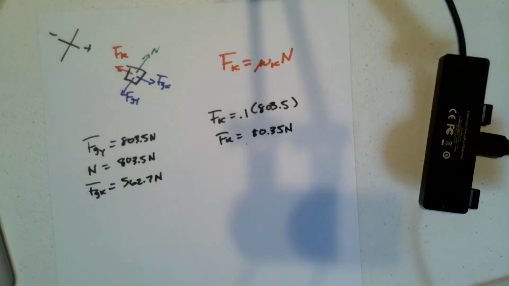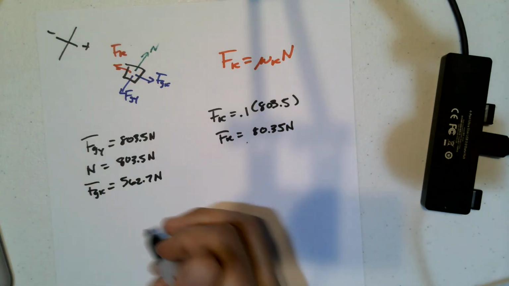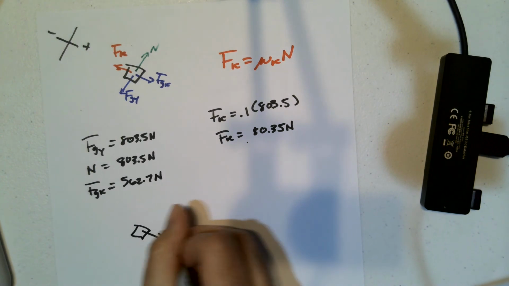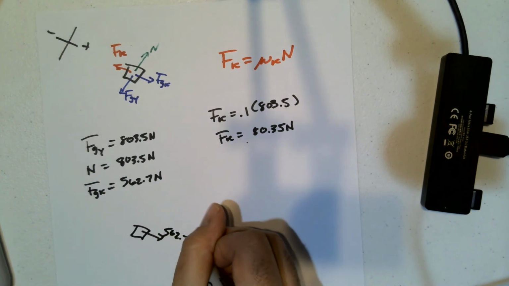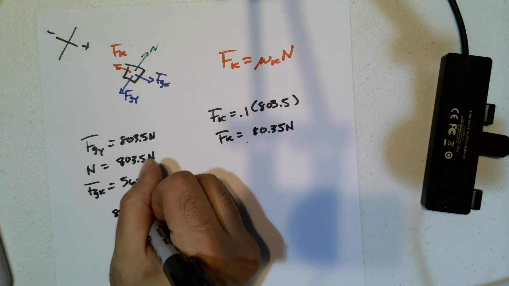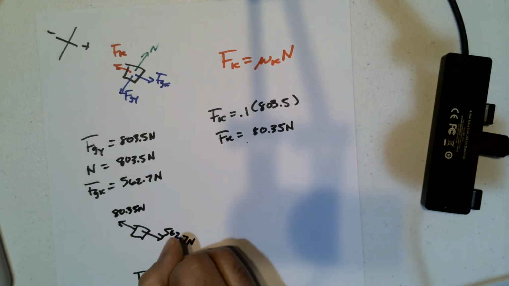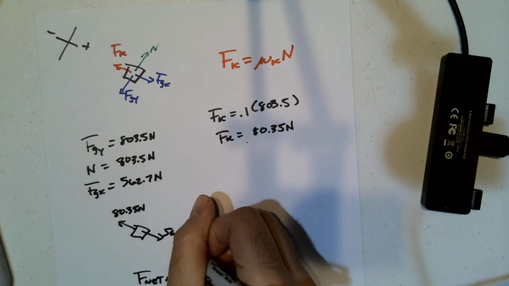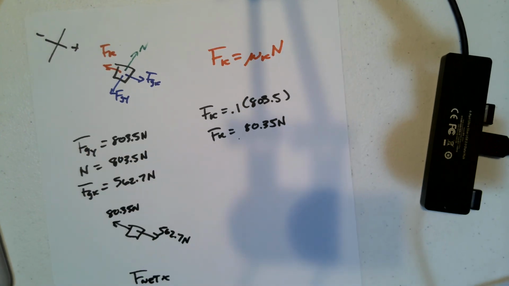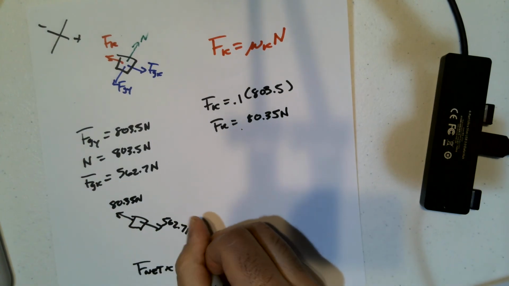Now our net force is a little bit more complicated here. We've got two forces working against each other: a 562.7 newton force in the positive direction, and an 80.35 newton force in the negative direction. So we can use the second law to approach this. Let's do it in the x direction, which is this direction right here. The net force in the x direction is equal to ma.